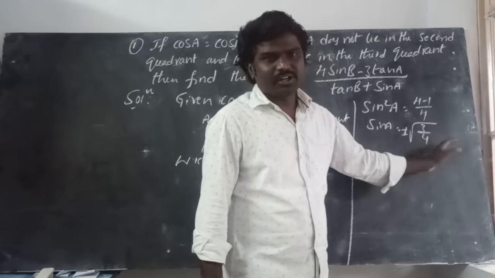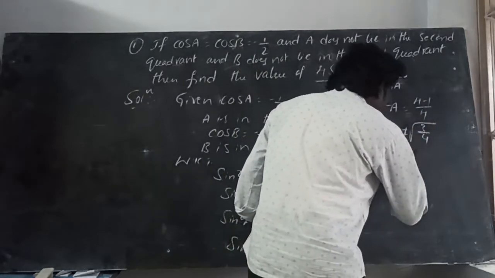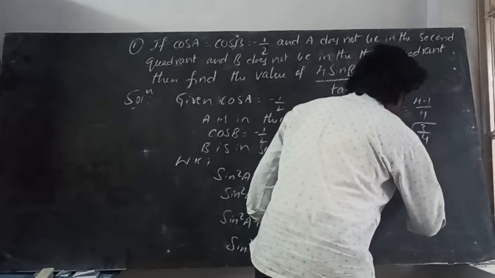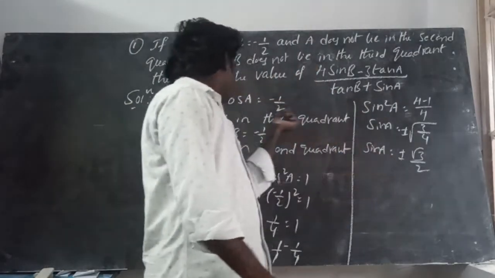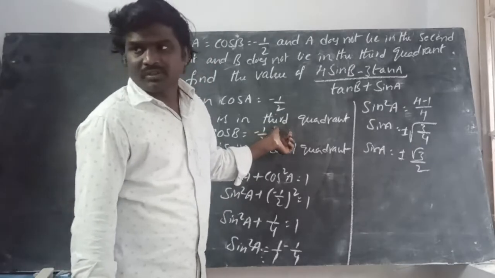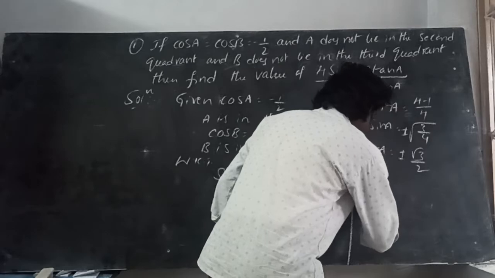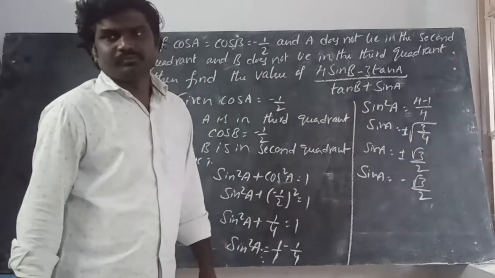Root 4 value is how much? 2. So sin A is equal to plus or minus root 3 by 2. Here A is in the third quadrant. In the third quadrant the sign is negative. So here sin A is equal to minus root 3 by 2.